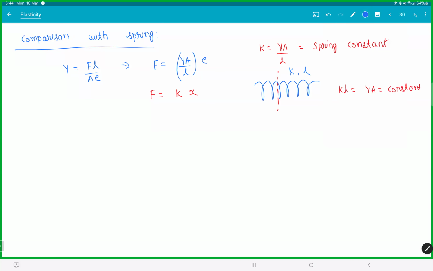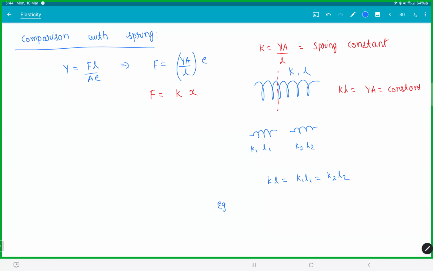If you cut the spring into two pieces, the spring constant actually changes, becomes K1, L1 and K2, L2. We get K into L is equal to K1 L1 is equal to K2 L2. Hope you remember this. We have done this in NLM. So that relation actually comes from elasticity.